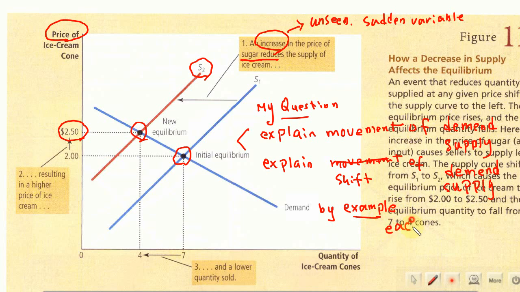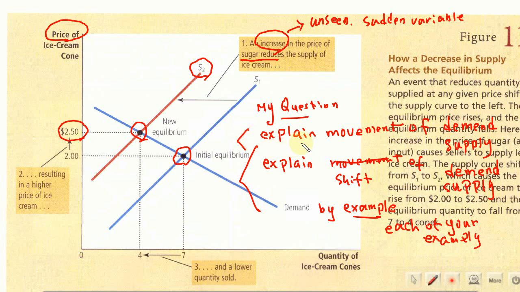Okay? Each of your own examples, not my example. I have already explained. Okay? Okay, this is my assignment content. You have to answer. Okay?